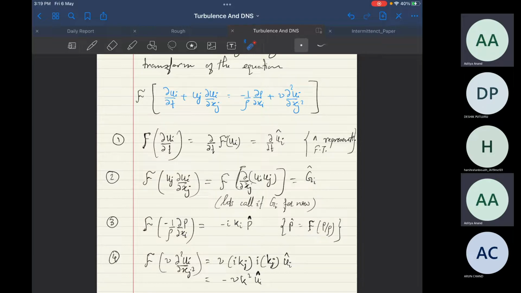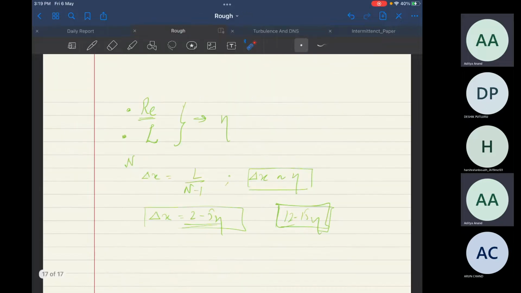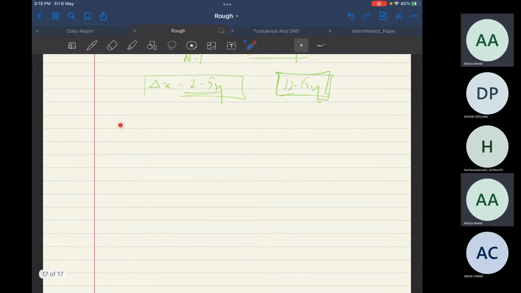Okay, and then you have your viscous term. So when you differentiate once, you multiply it with I k. When you differentiate twice, you multiply it twice. So what you get is nu. There are two i's. These are complex square root of -1. So this will give you a -1 here. So you have negative nu, and then you have kj dot kj. Now these are in tensor notation, and these repeated indices will give you summation.